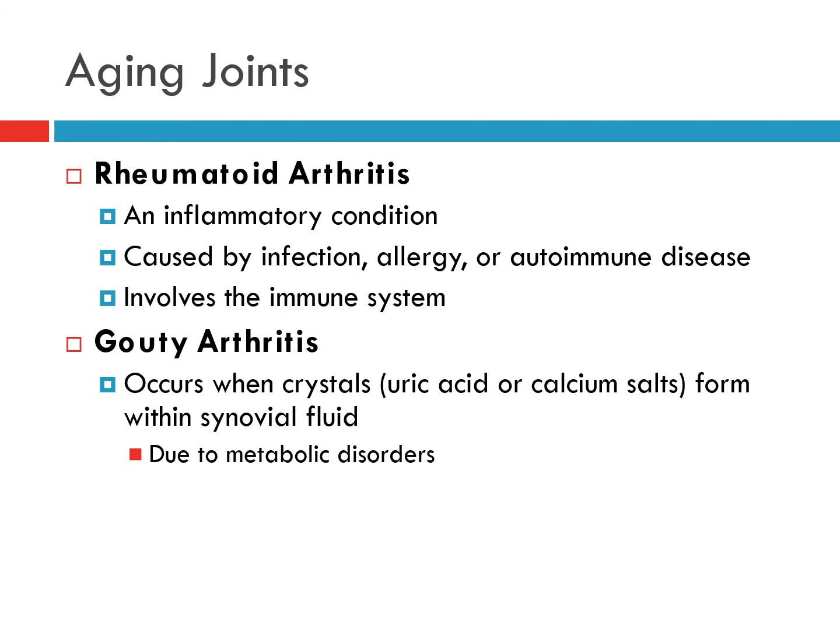Those are oral medications. Then you can move on to the disease-modifying anti-rheumatic drugs, or DMARDs, which would be Enbrel, Humira, all of those different things that you see commercials for on TV. Those are rheumatoid arthritis, psoriatic arthritis, and ankylosing spondylitis medications.